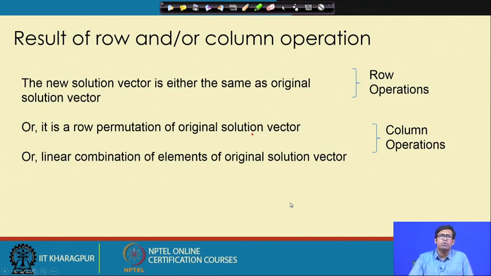Therefore, if we do row and column operations like interchanging rows and columns, doing permutation, adding a row to another row, adding a column to another column after multiplying with a scalar, the solution essentially remains similar.